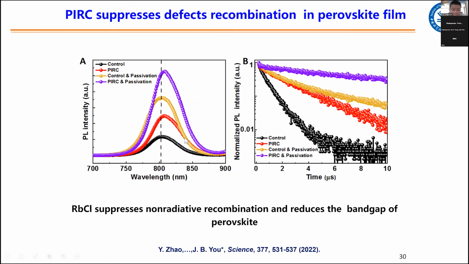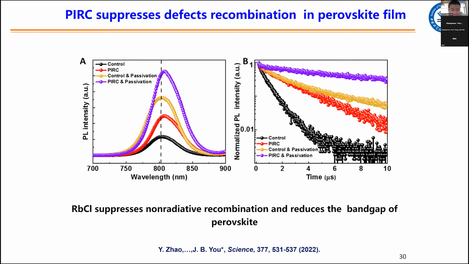And then after reducing the amount of PbI2, the band gap is reduced. Why? A simple explanation is that PbI2 is a wide band gap material, so PbI2 incorporation could enlarge the band gap.